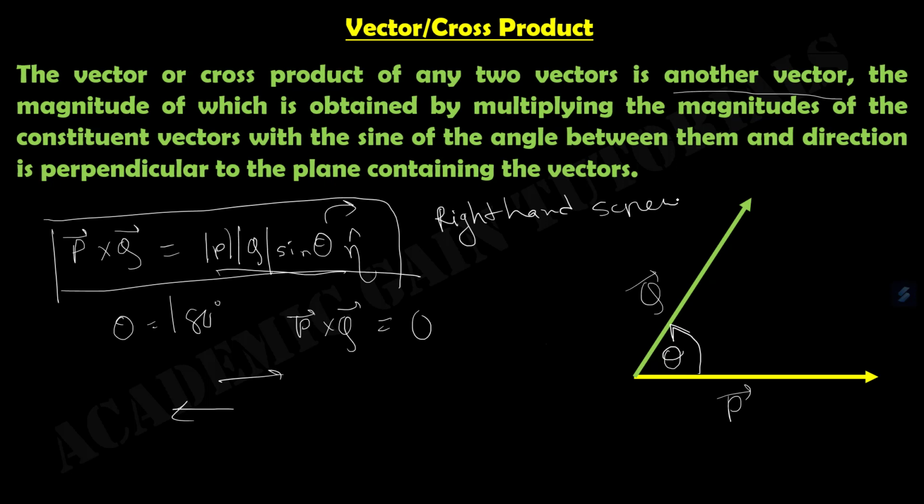It says that if we make an angle in the anti-clockwise direction, like in the case where we find P cross Q, and the angle is in anti-clockwise position, then the rule says that the resultant vector will be perpendicular upwards from the plane.